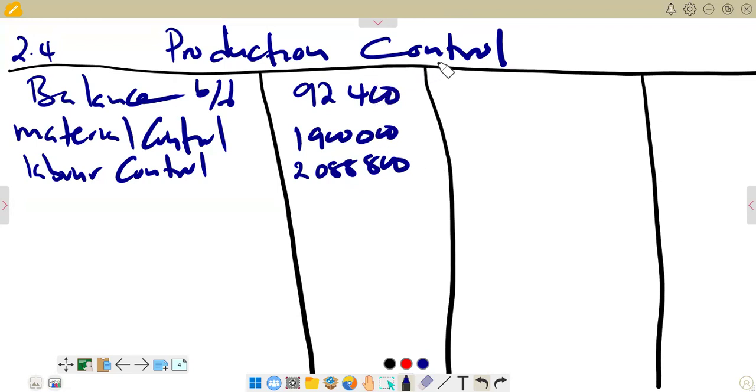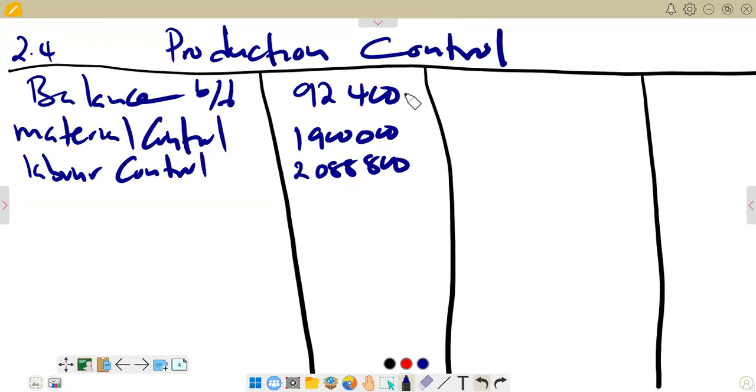But you are also supposed to leave some space here for the amount that you are supposed to transfer to the finished goods. Remember, production control represents the calculation of the cost of production, which we are supposed to transfer to the finished goods as a production cost of finished goods.